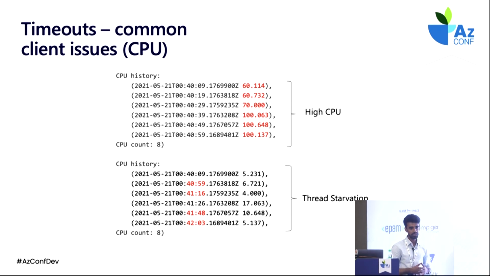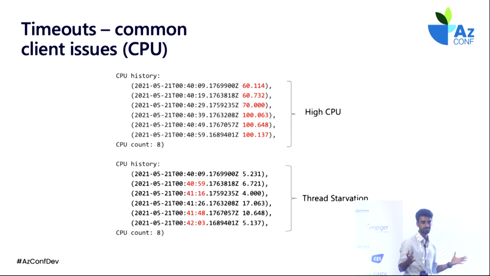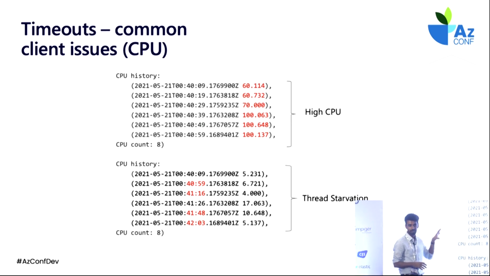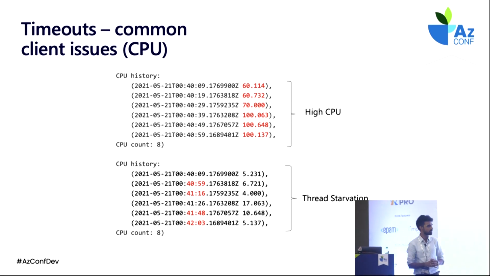If you see a high CPU, I would recommend improving the instance size. From the SDK, what we recommend is to use a minimum of 4 cores. If you're using anything lower than that, that is definitely something customers need to improve.